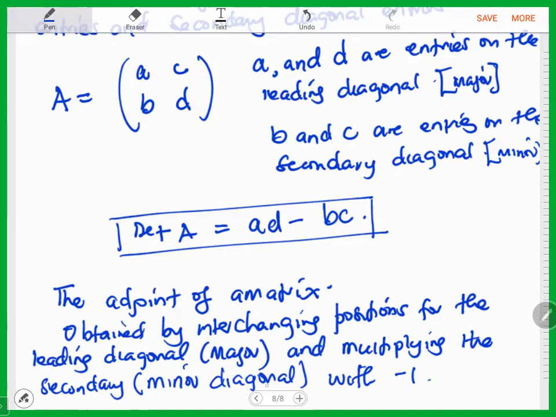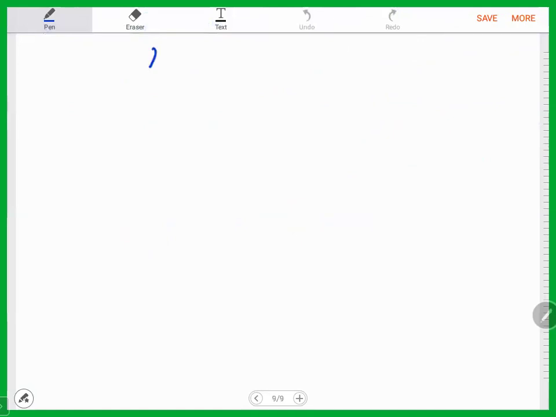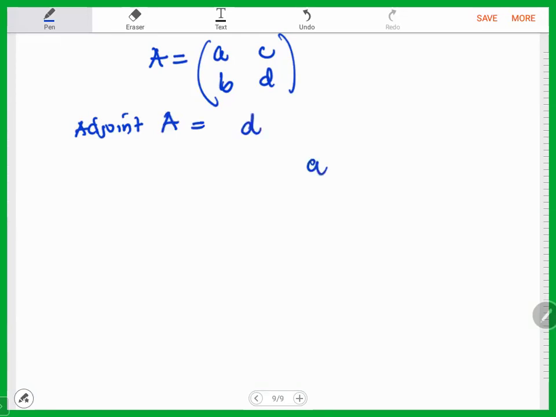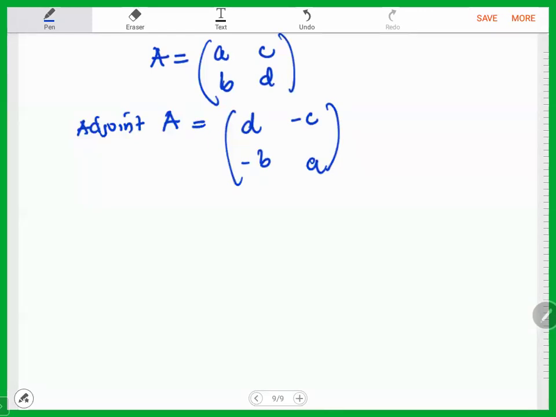So what do I mean? If I have matrix A equal to AB, CD, the adjoint of A is equal to DA by interchanging the positions of the entries of the leading diagonal and multiplying the minor diagonal by -1. That is our adjoint.